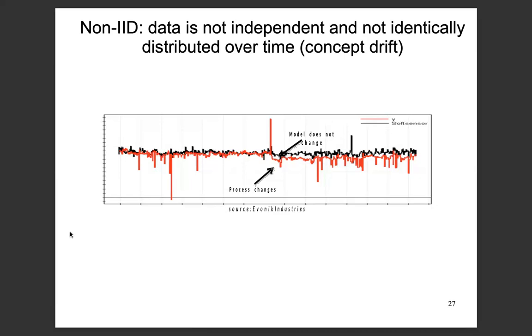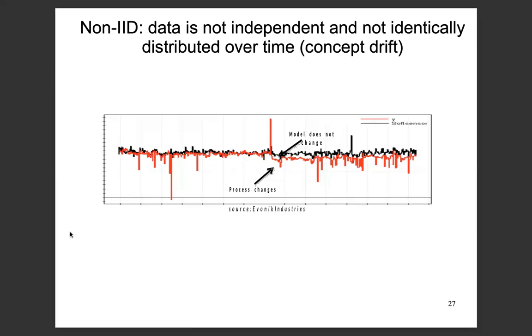This example illustrates a time series of predicting, again from a chemical production process, the quality of output, where the red one is the ground truth that becomes available over time, and the black is a soft sensor, a predictive model, statistical, not quite machine learning in our modern sense, that predicts the outcome. And we see here that something changes, that the model goes out of tune.